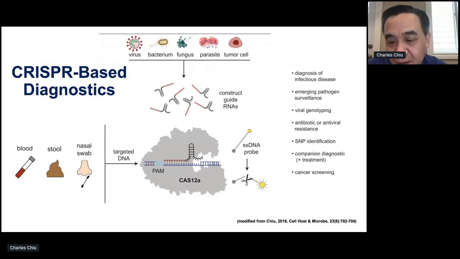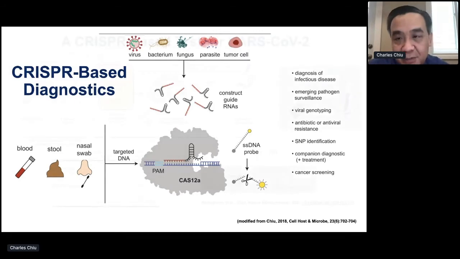The Cas enzyme will then cut the particular sequence. In addition, the Cas12a enzyme can also cut a reporter sequence, which will allow you to detect fluorescence. So this is a rapid way to detect any targeted type of pathogen, such as enterovirus.